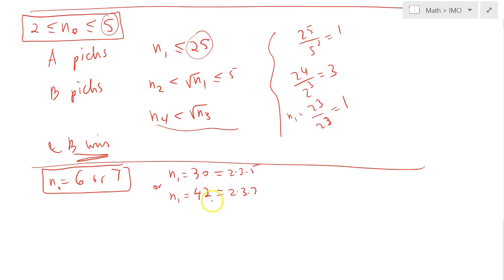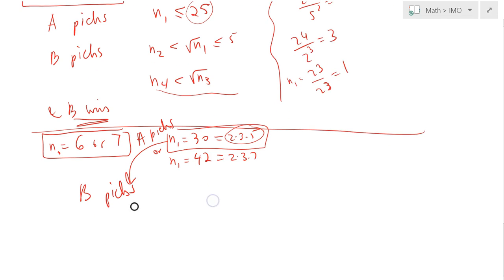In that case, let's focus on 30 for instance. Okay, let's write it properly. If A picks these numbers, then B picks, let's start with 30. Let's assume that n1 is 30.